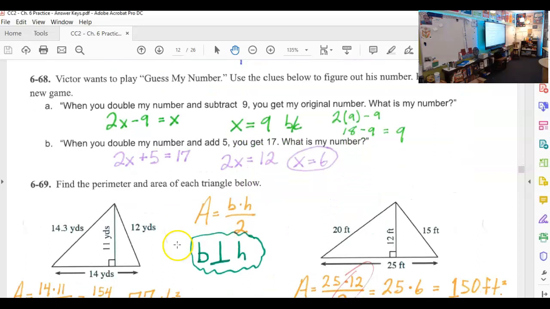In 68, we have that guess my number game. And then guys, especially if you have not done 69 yet, area of a triangle.